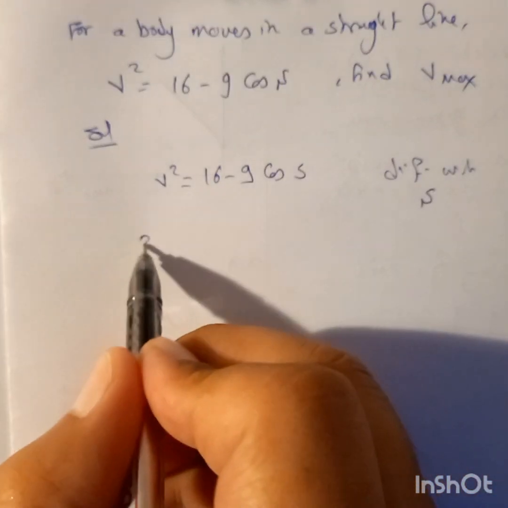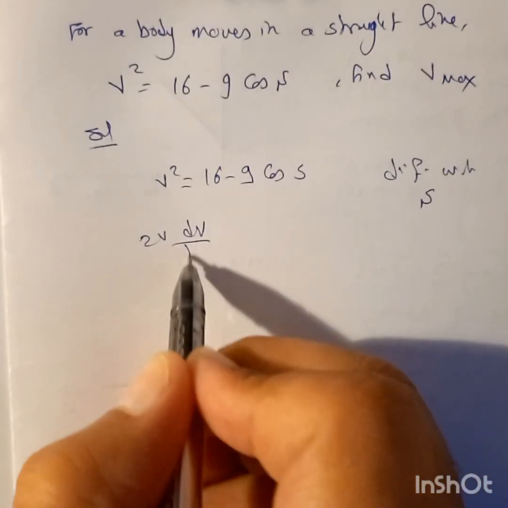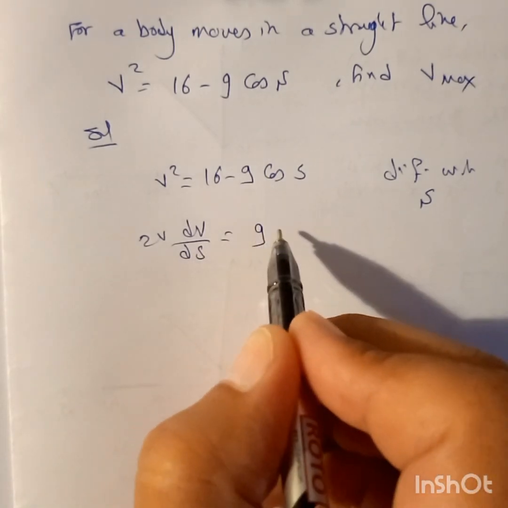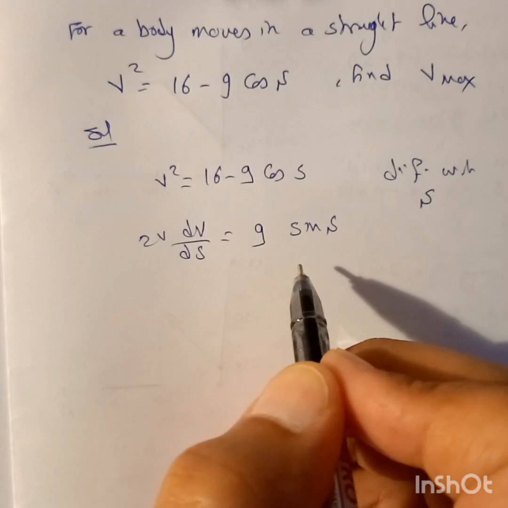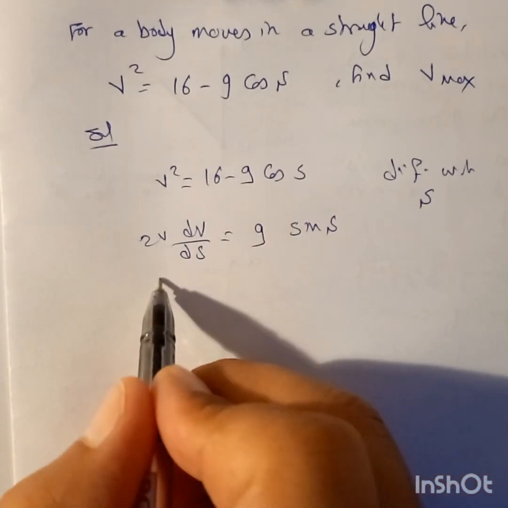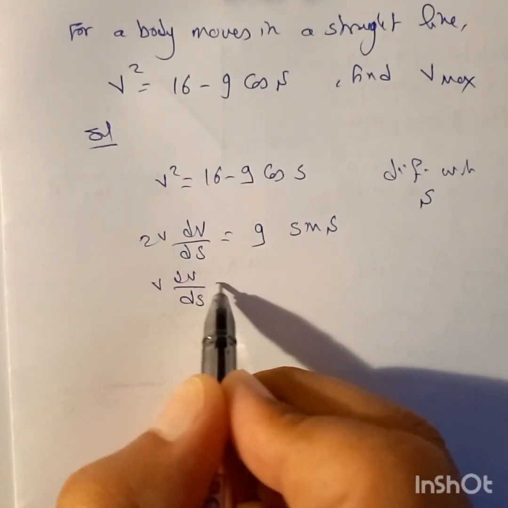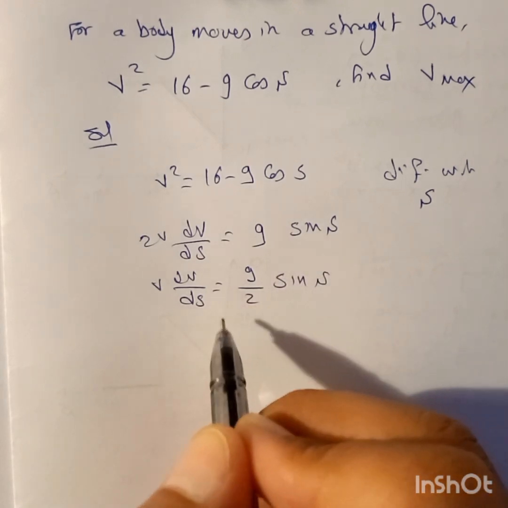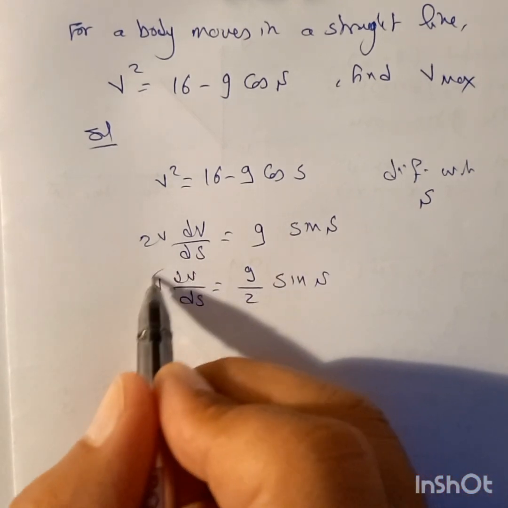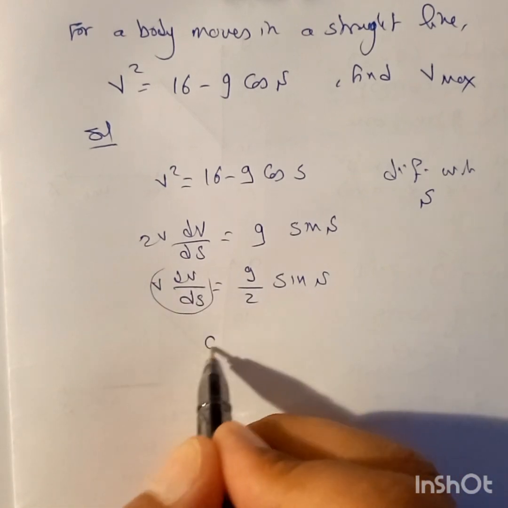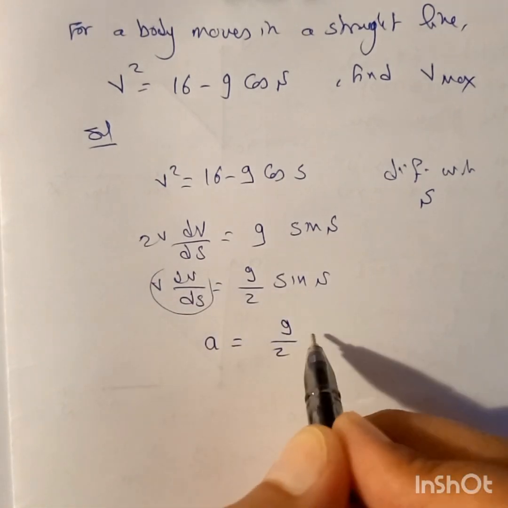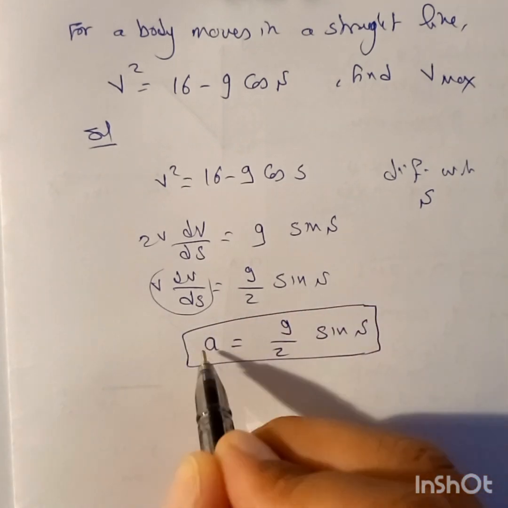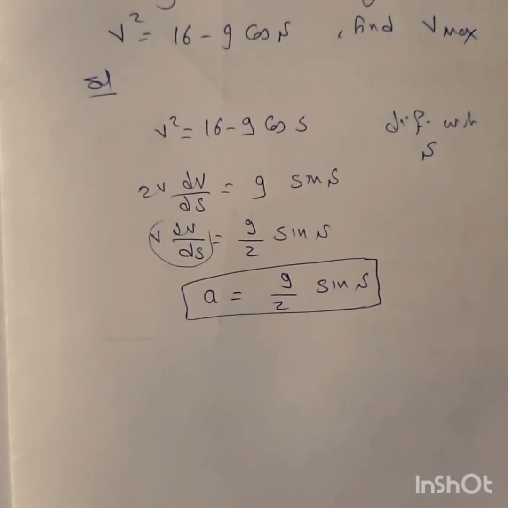Then we have 2v dv/ds equals positive 9 sine s. Then v dv/ds equals 9/2 sine s. As v dv/ds is acceleration, then acceleration equals 9/2 sine s, and this is a relation between acceleration and displacement.